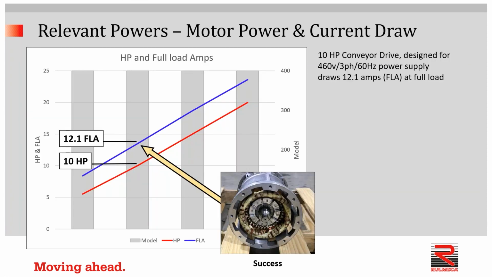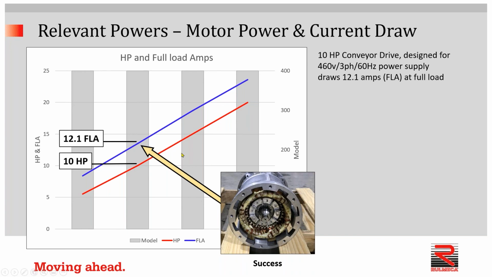Now let's review the topic of motor power and motor current draw. The illustration before you shows the relationship between horsepower and FLA, full load amps. You can see pictured here the 10 horsepower AC squirrel cage induction motor we described previously.